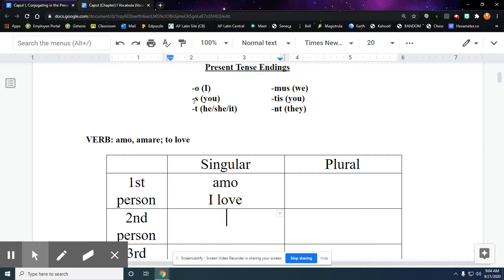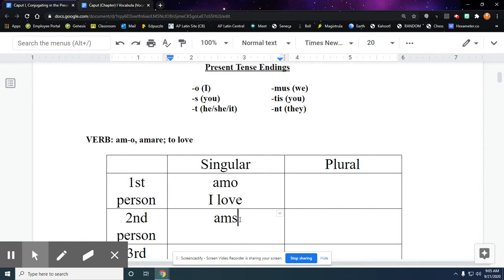This S ending on a Latin verb corresponds to you, and we need to connect it. We're going to take what's called the stem of the word. The stem is the part of the word that never changes, and it is essentially everything but the O. This O is an ending, which means I love, but we want to get rid of that, and connect the new ending.